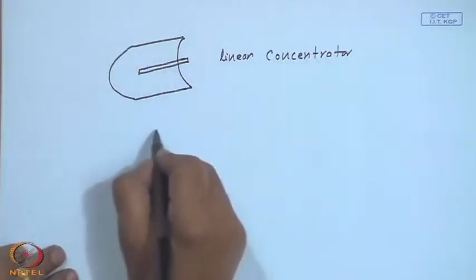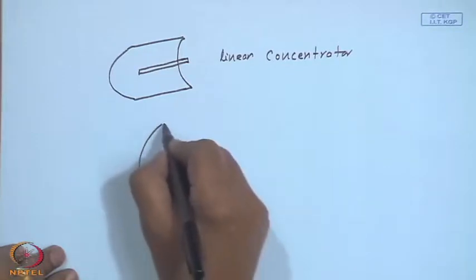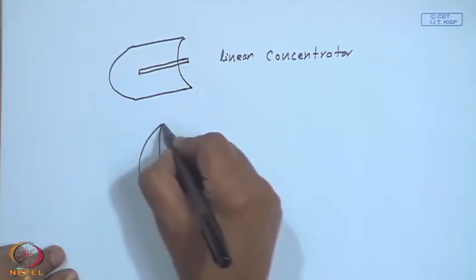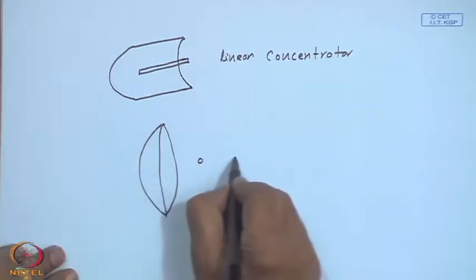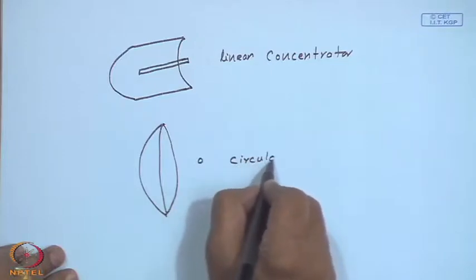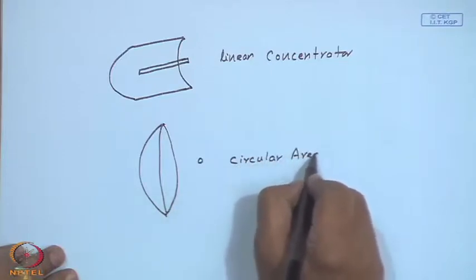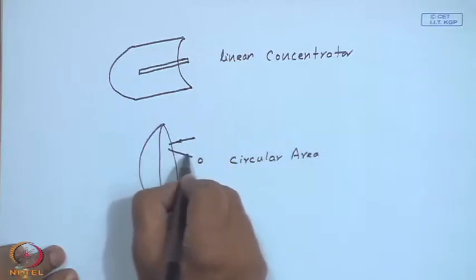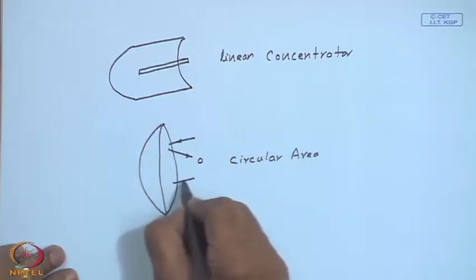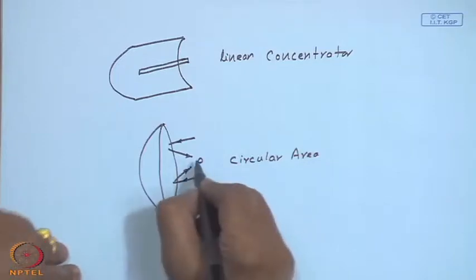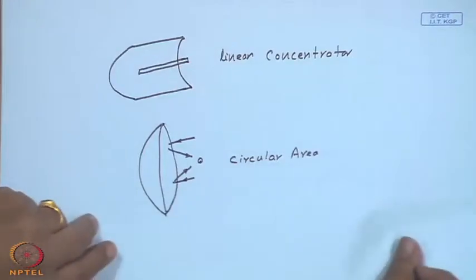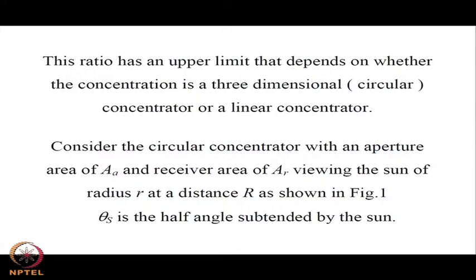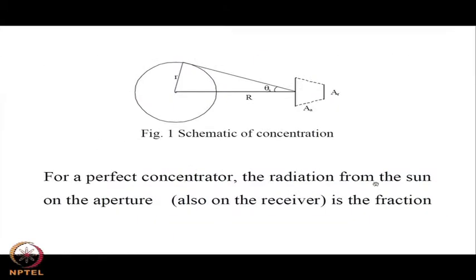The other way around is, if you have a paraboloidal dish, this will try to focus onto a circular area. So, technically this can be a point, this can be a line, or is it possible? So, we shall show the possible maximum.